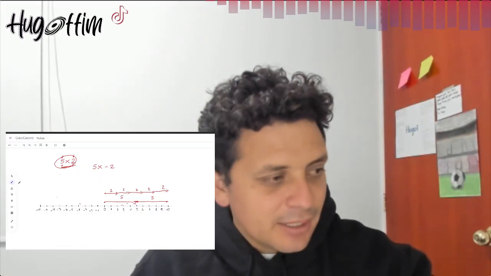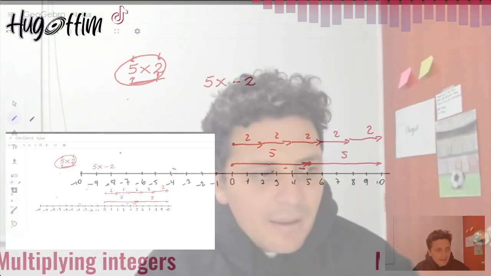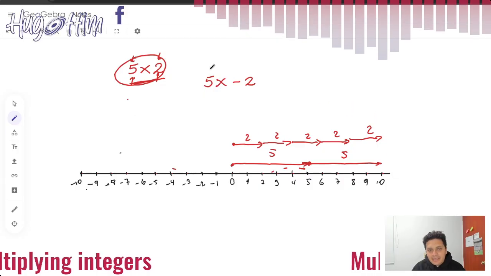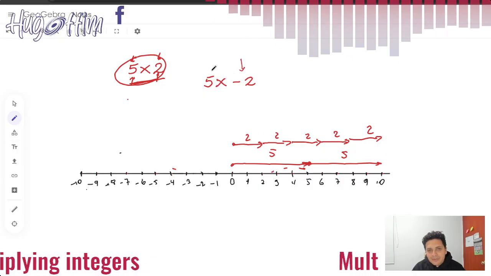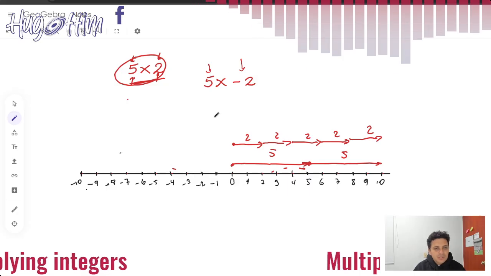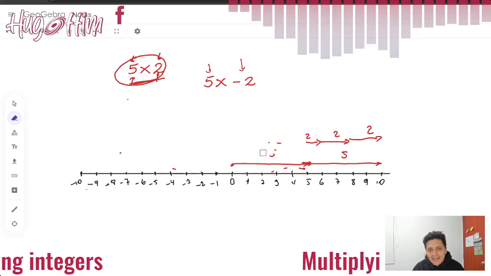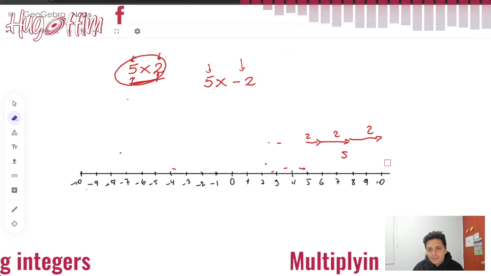Now, 5 times negative 2 will be understood as adding negative 2, 5 times. This is what I'm going to do.